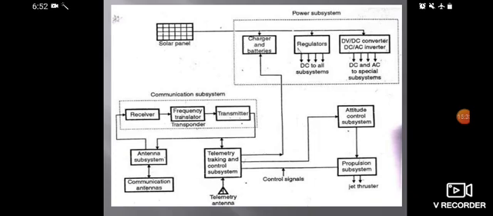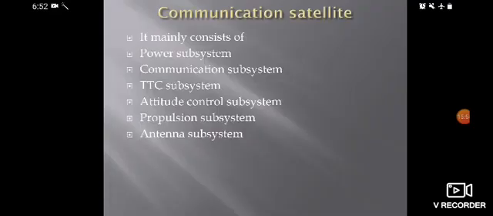Okay, so you can see the communication antennas also. Why? Because whenever we have the communication part, not only a single communication, we are going to have a number of communications. So for each communication, we have different antennas. So like this, we have all of the blocks in our communication satellite.